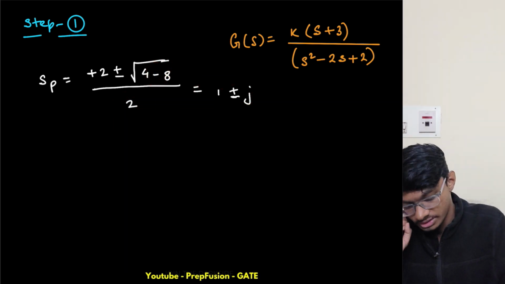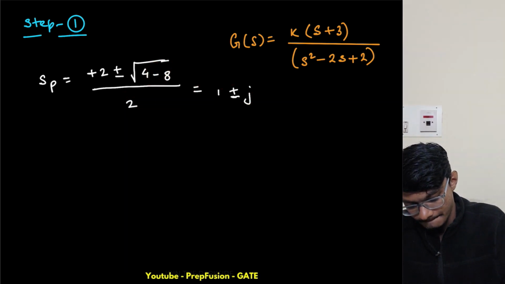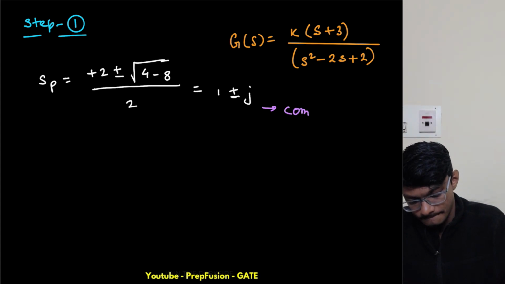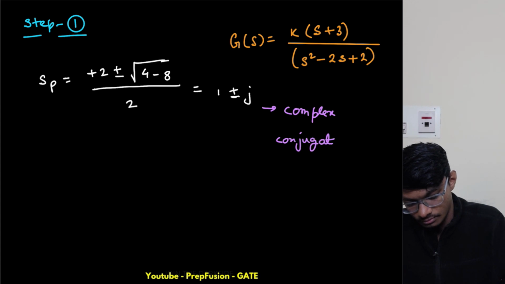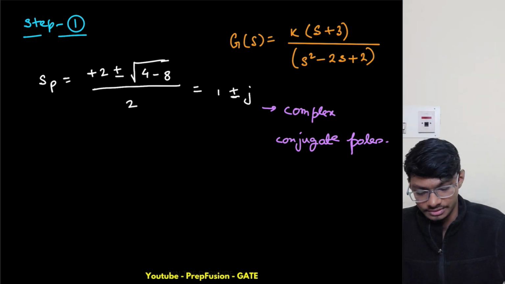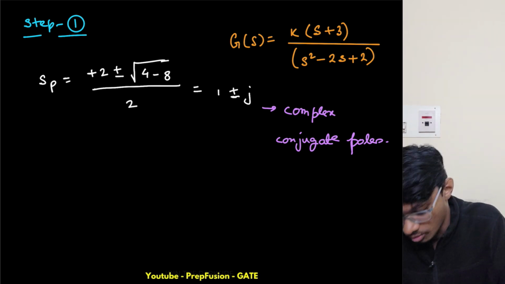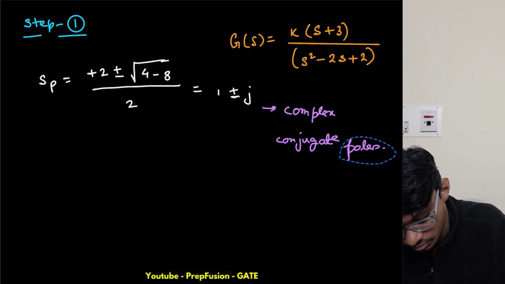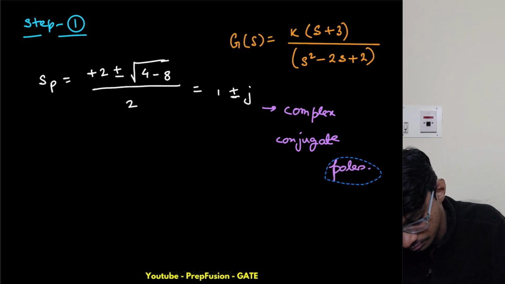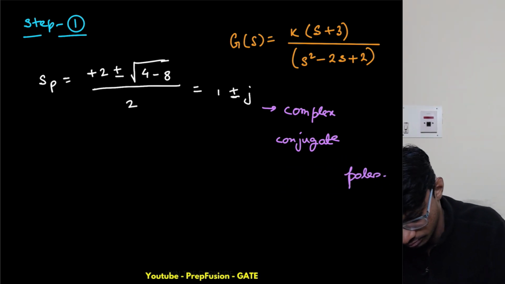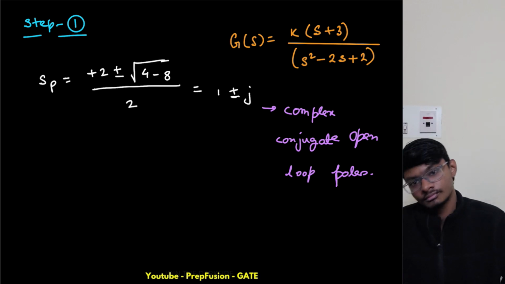So I have complex conjugate open loop poles.